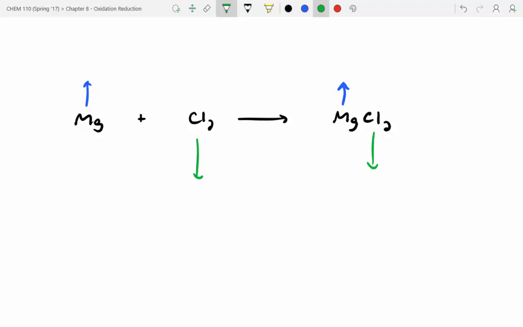This one's deceiving. Oftentimes people see Cl2 on both the left-hand side and the right-hand side, but what's the difference between the Cl2 on the left-hand side versus the Cl2 on the right-hand side? Charge, right? Cl2 on the left-hand side is covalent, which means each of the chlorines is neutral, where on the right-hand side, each of the chlorines has what charge? -1, right?